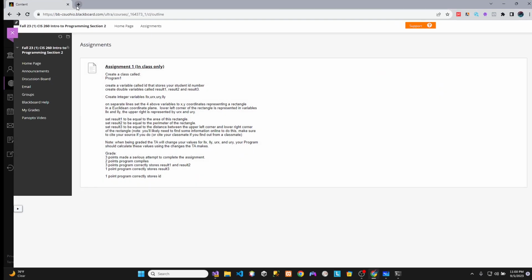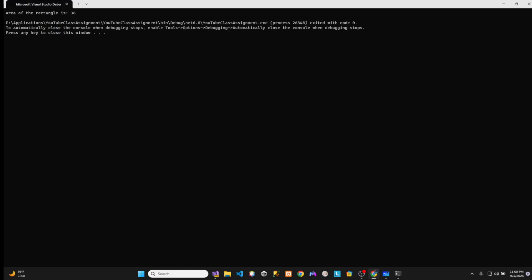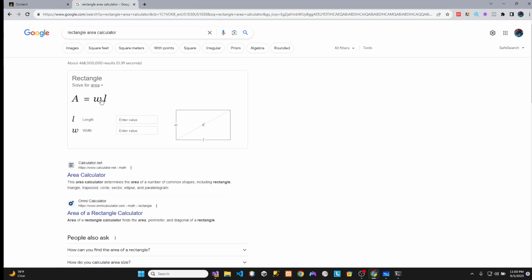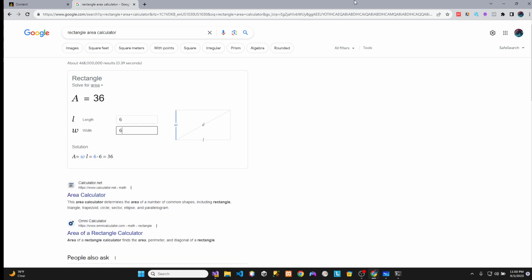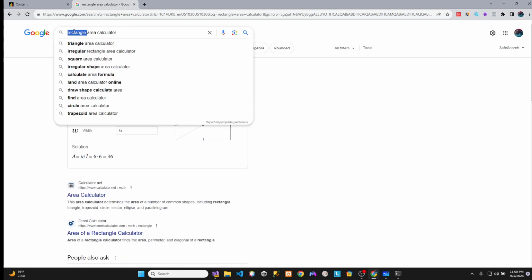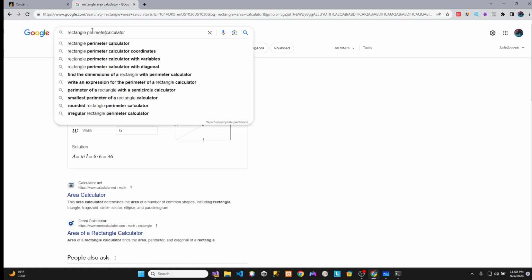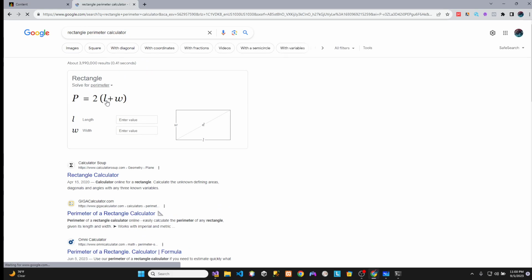Well, let's go ahead and check it. Rectangle area calculator. Okay. So it wants us to enter W and L, which is 6 and 6, is 36. Rectangle perimeter calculator. This is the formula for it.